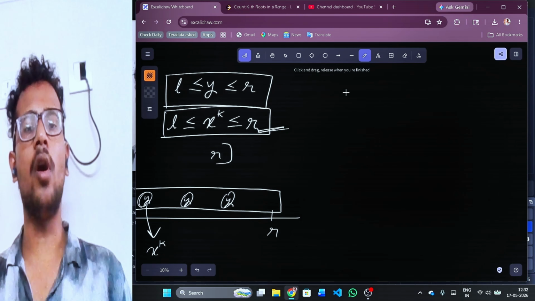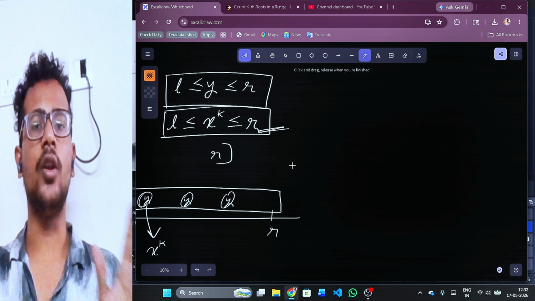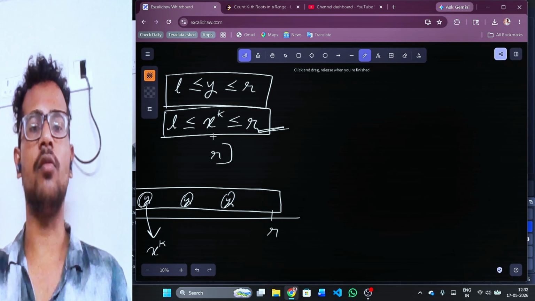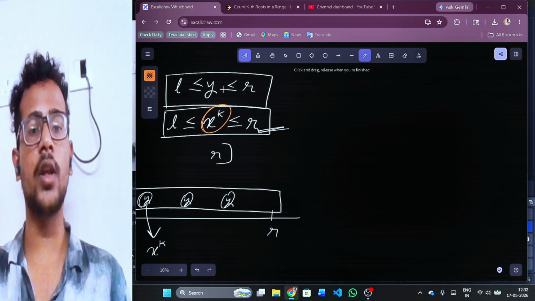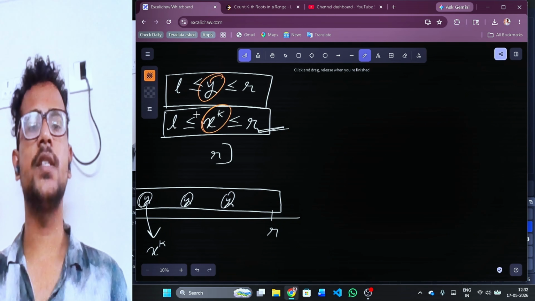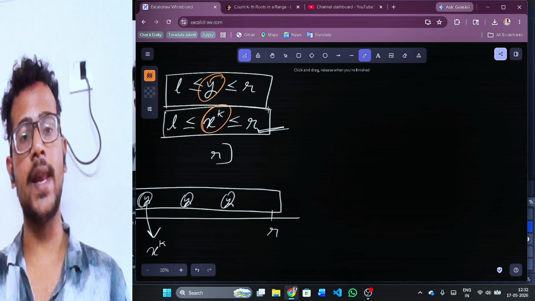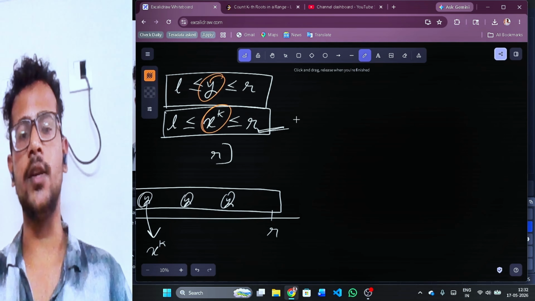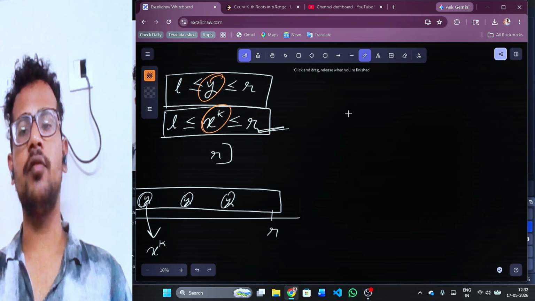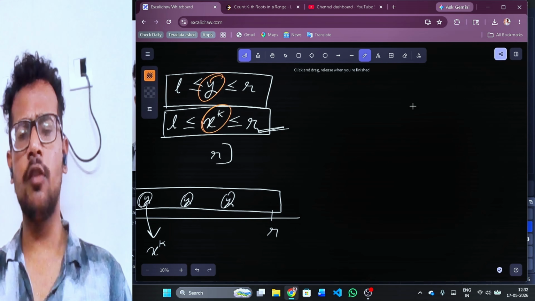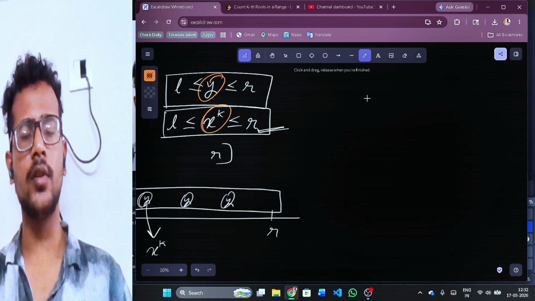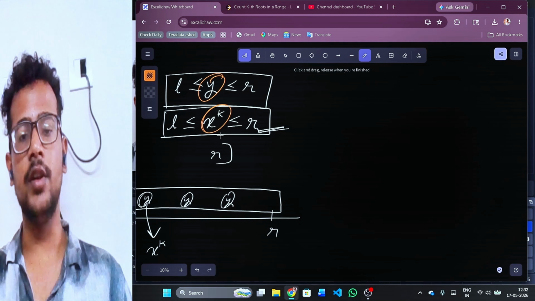Now, what if I want to count these elements, X power K or Y, which lie between L and R inclusive?